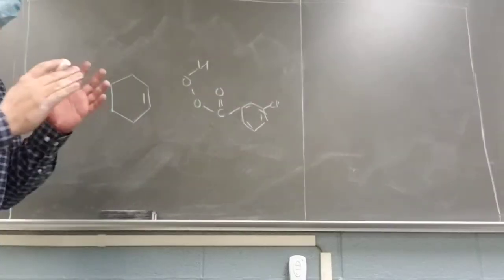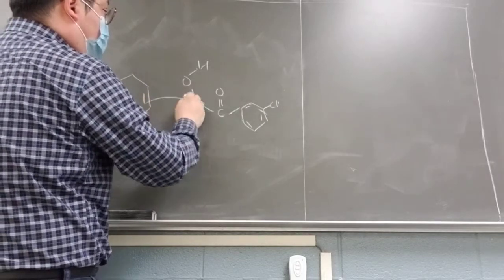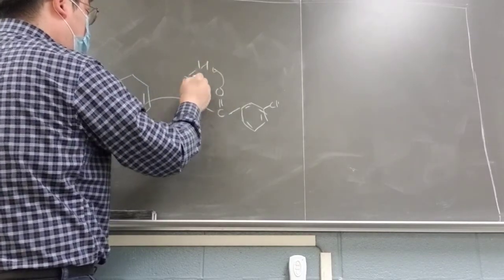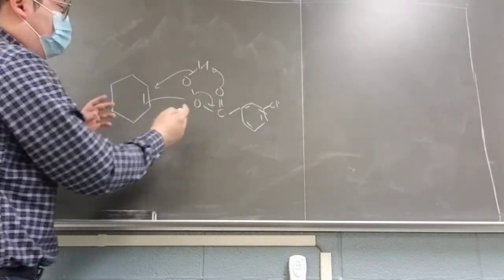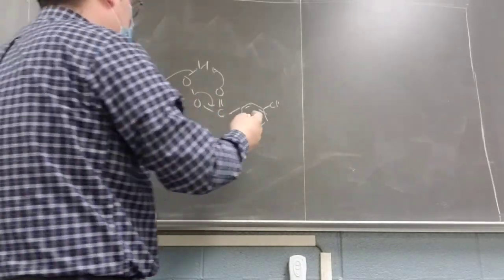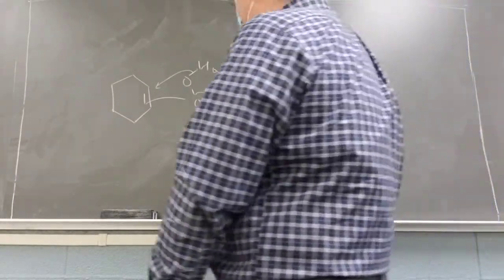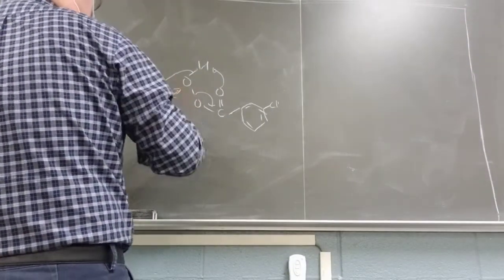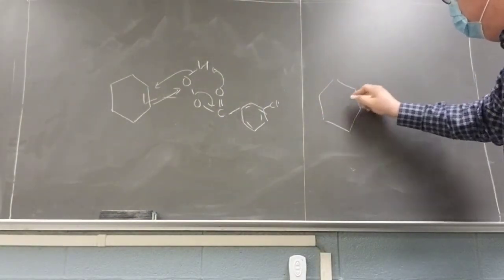So if you have a certain type of peroxy acid compound here, what happens to here is they can actually form an epoxide. Okay. So if that happens, okay, let me actually get to here. So if that happens, they can form the epoxide.